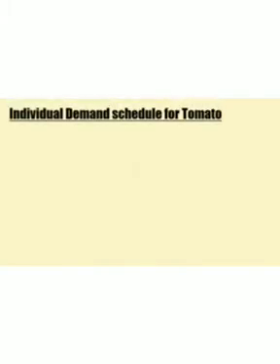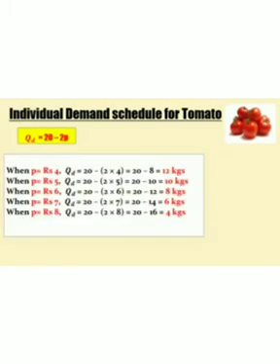Let us derive the individual demand schedule for tomato by using the demand equation QD is equal to 20 minus 2P. Let us suppose that price of tomato is rupees 4 per kg.